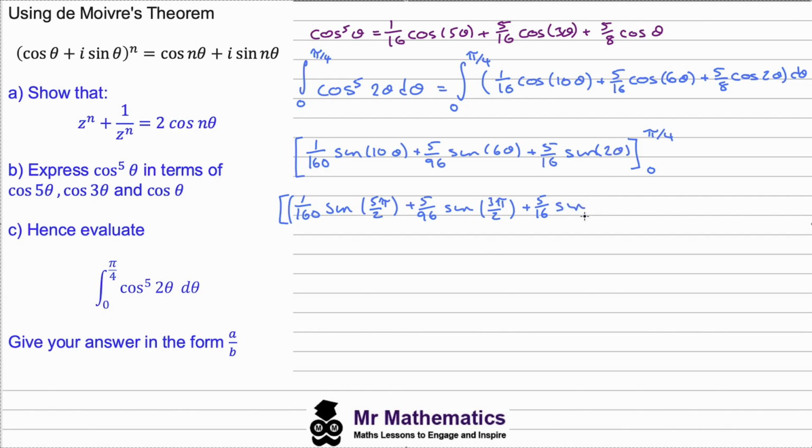And this will become pi over 2. And we can work each of these out using our sine graph. We'll have 1 at pi over 2, so this will be 1. Negative 1 at 3 pi over 2, so this will be negative 1. And 1 at 5 pi over 2.